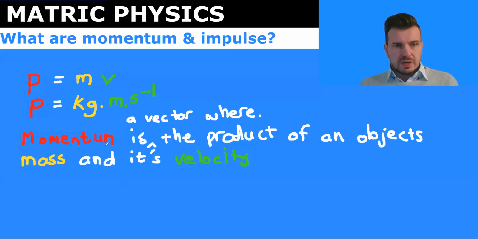So that's momentum. And momentum, if we just think of it logically, think of a ball rolling along, or a car rolling along. What would you need to stop that car? Well, that car has momentum, and so you need a force to stop it.